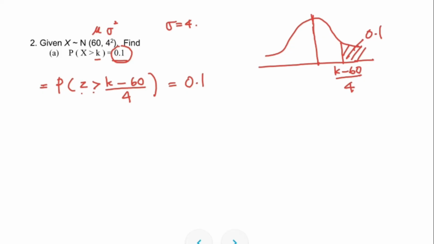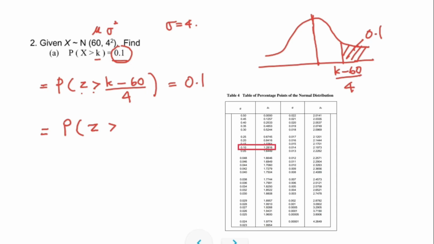Now if we look in the table, the value of z that gives you probability 0.1 is 1.2816.